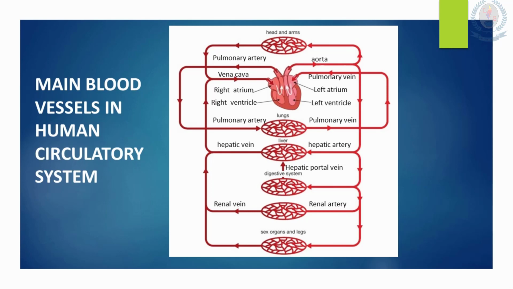Then some of the arteries you can see on the right side: the hepatic artery and the renal artery. Apart from that, what are the other things you can see there? You can see the pulmonary artery, and the hepatic vein and renal vein are also present there.